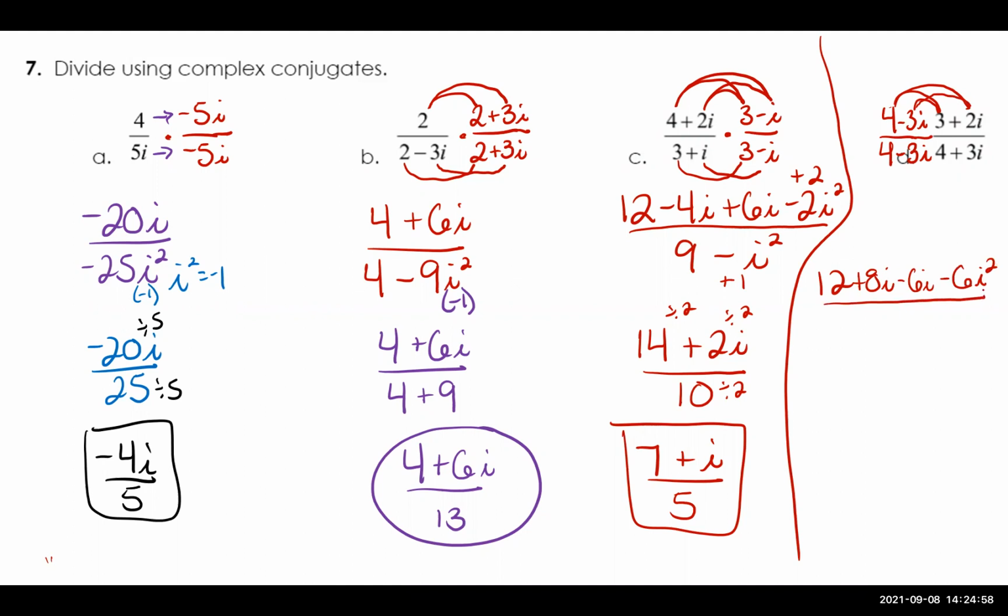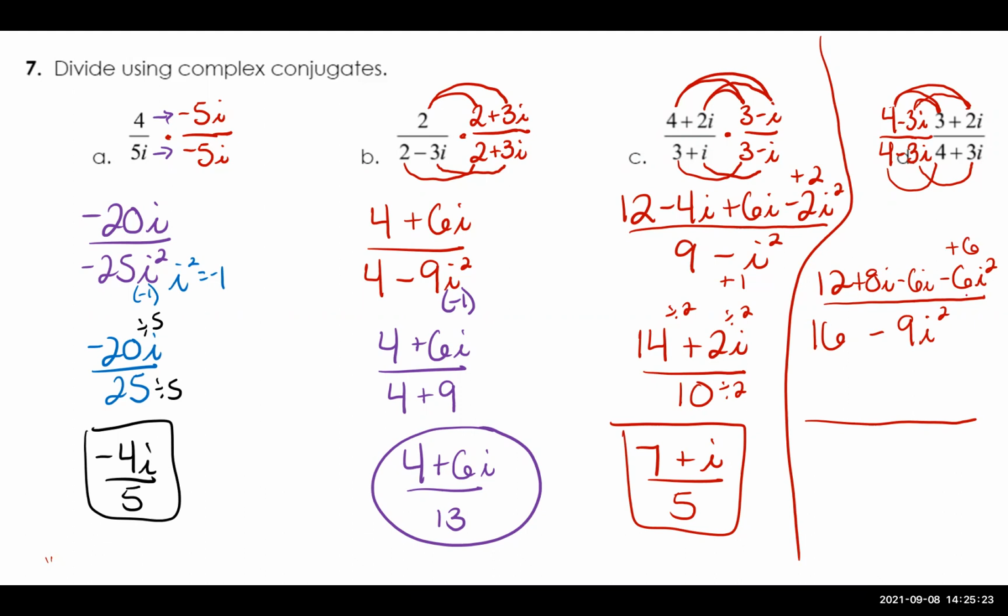In the denominator with the complex conjugate, just going to multiply 4 times 4 to be 16. And negative 3i times positive 3i is a negative 9i squared. So in the numerator, let's see, this negative 6i squared will really become a positive 6 when I change that i squared to be a negative 1.